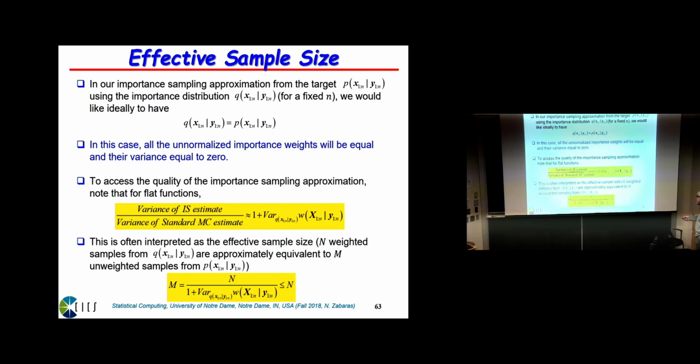So effectively, the effective sample size is n divided by 1 plus the variance of the weights. This is a very important formula that we need to use in practice.